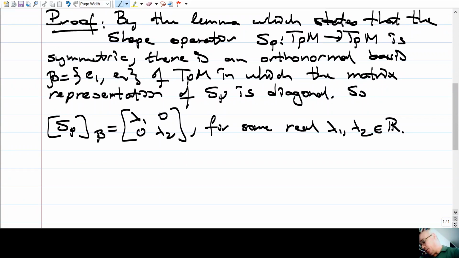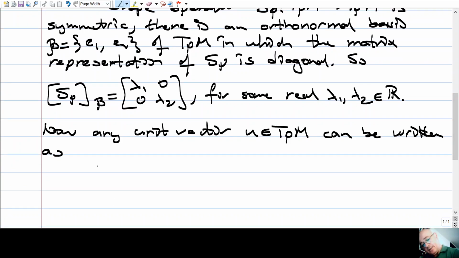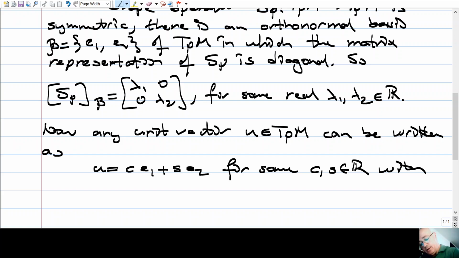Now, any unit vector u in TPM can be written as C times E1 plus S times E2 for some C and S with C squared plus S squared equals 1.